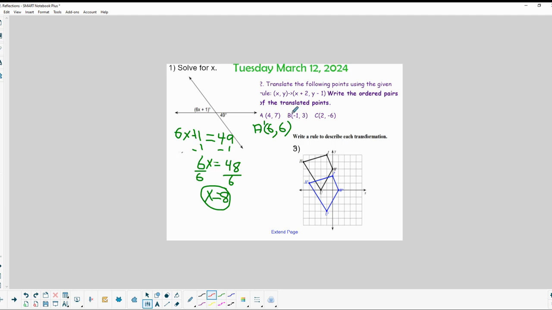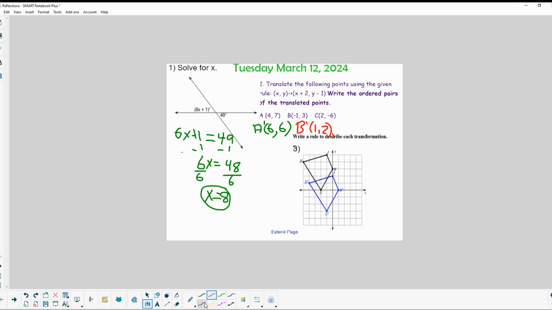Then B prime, that would just be -1 plus 2, which would equal 1. And then 3 minus 1, which would be 2. So B prime would be 1 comma 2.